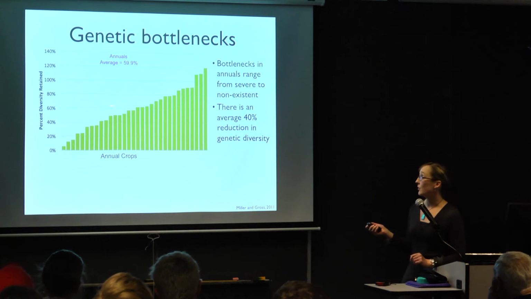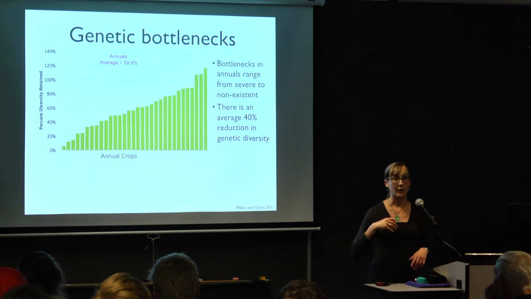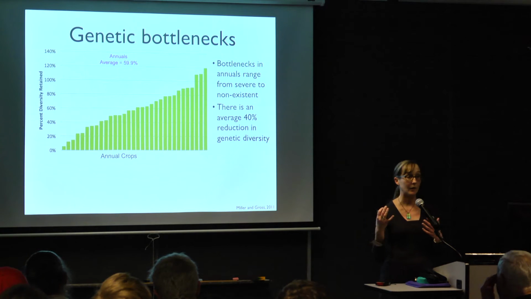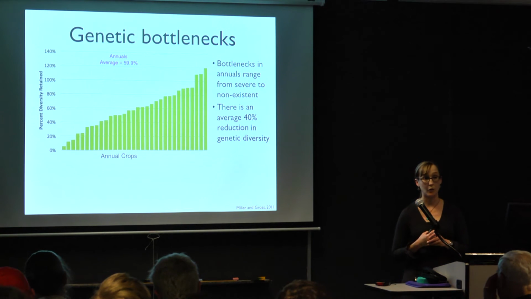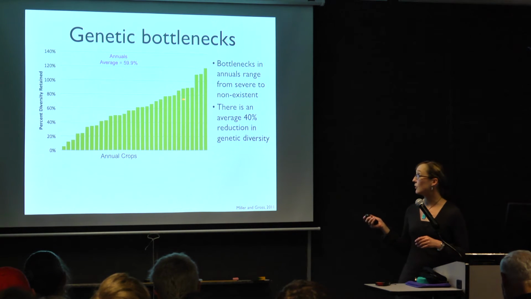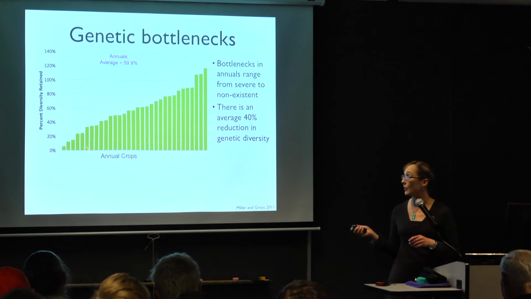And these are all figures from different species. Sometimes the same species might be in here multiple times if there've been different studies. But on average, there's a 40% reduction in genetic diversity as you go from a wild system to a domesticated system in annual crops. Obviously, also a huge range across there, some with really severe bottlenecks, some with mild bottlenecks.